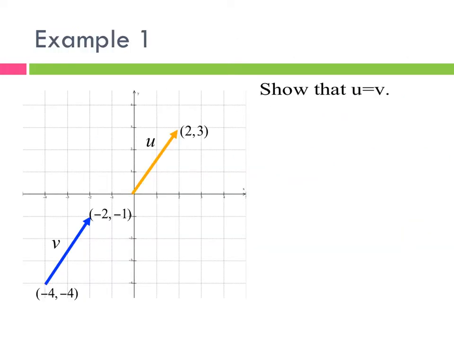All right, example 1 says show that U equals V. So we just said what has to be true about the two vectors in order for them to be equal. Same direction, right? Or same direction and magnitude. So direction is component form.